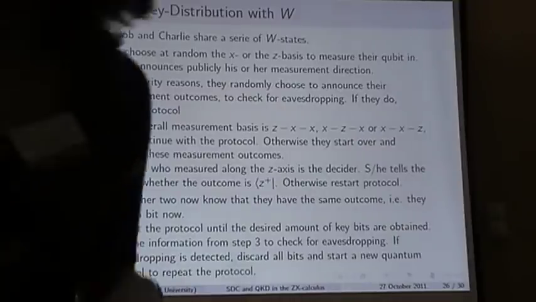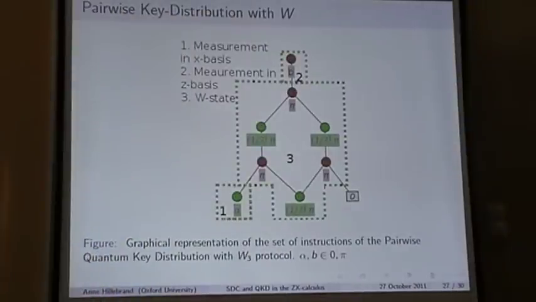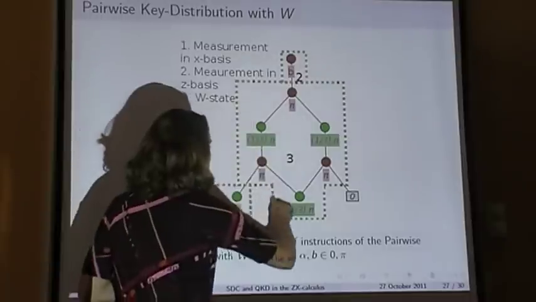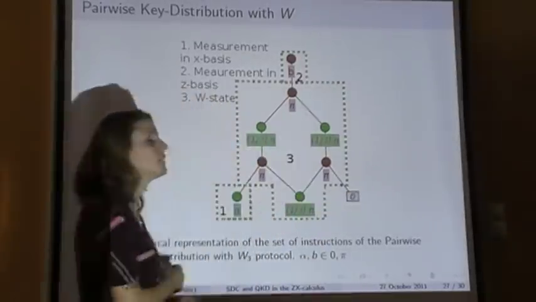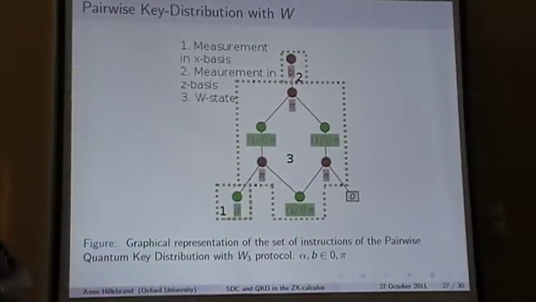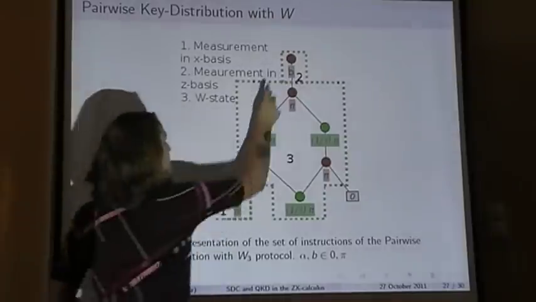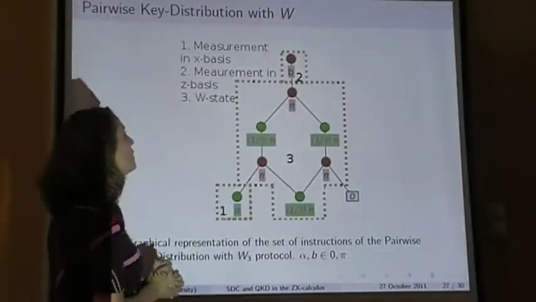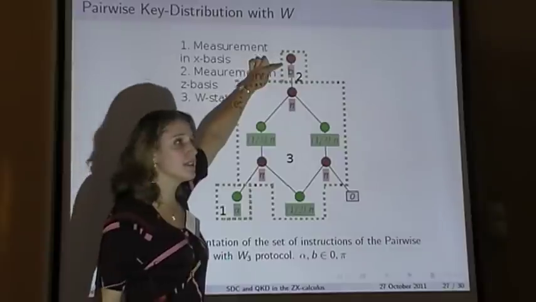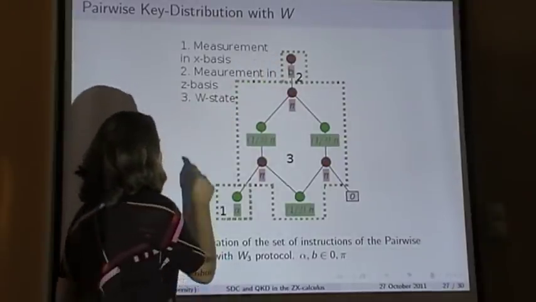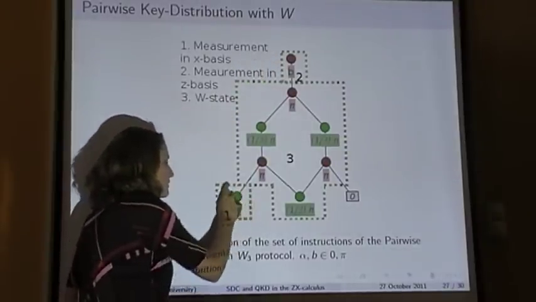Okay, so what does this look like in the ZX calculus? Well, this yellow thing over here, that's our W state that we saw before. There are 3 outputs. One of them is measuring in the Z basis, and one of them is measuring in the X basis.